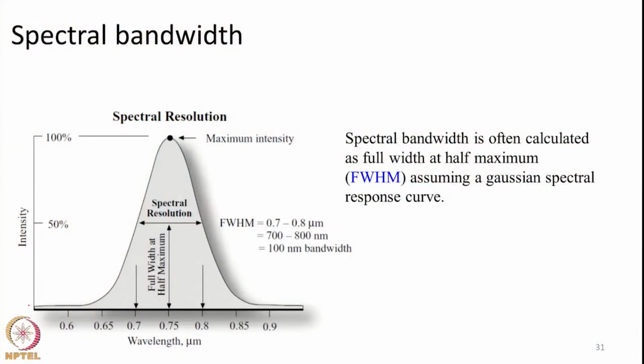So, this is how the spectral bandwidth of a sensor is often defined, the concept of full width at half maximum. Say this is the intensity or the relative spectral response, on a 0 to 1 scale. We assume the spectral sensor response is Gaussian in nature like given here, very similar to a normal distribution.